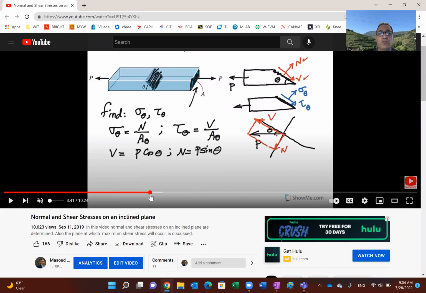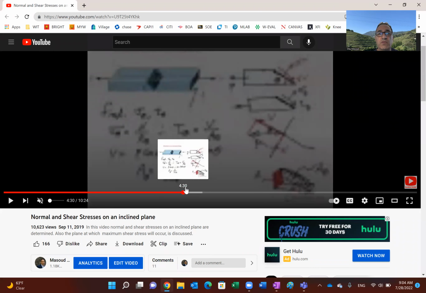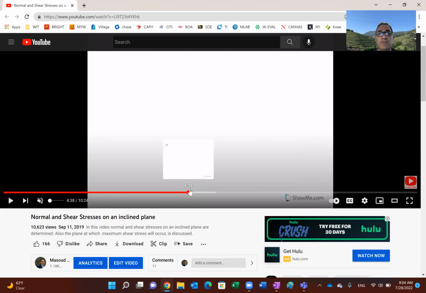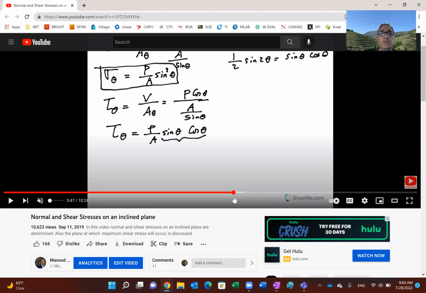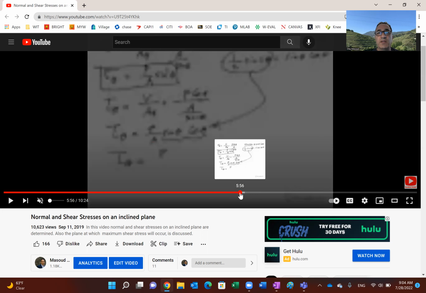I want to get to the equations. Just to remind you, the area here is the initial cross-sectional area, not the area of the incline, which is much larger, depending on the angle, of course. Eventually, if we fast forward, we get the two equations: sigma at that plane, which I call sigma sub theta, and tau at that plane.